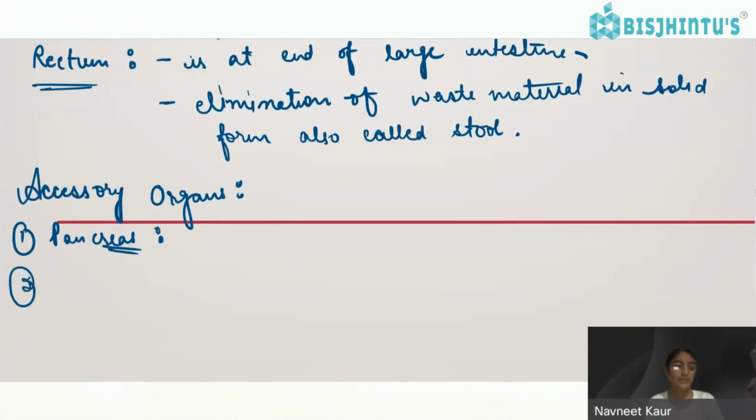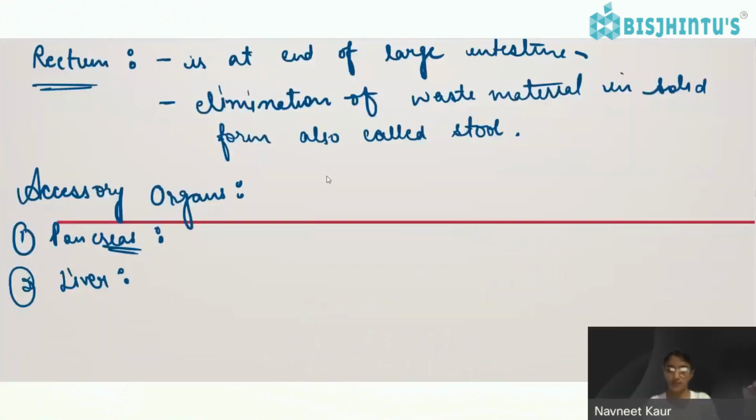The second one is liver. तो जो liver है, it is a reddish brown accessory organ of the digestive system, which is located at the right of stomach. It produces bile juice, which is important for digestion. We'll be learning about the importance of these in the next slides.